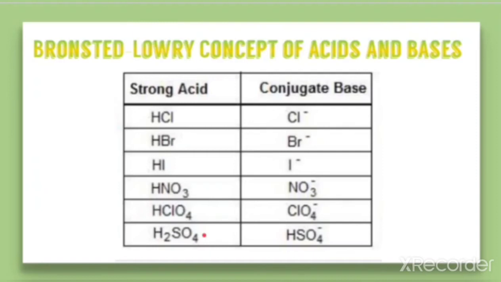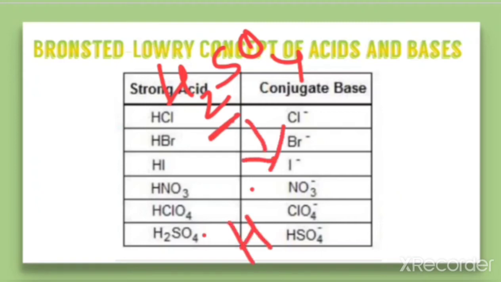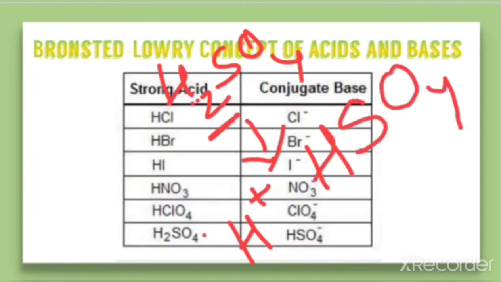Next one is H2SO4. H2SO4 has two H positive ions. So when one H positive is given out, what is remaining here? One H is remaining, that is H and SO4, because one positive charge is removed from a neutral molecule.